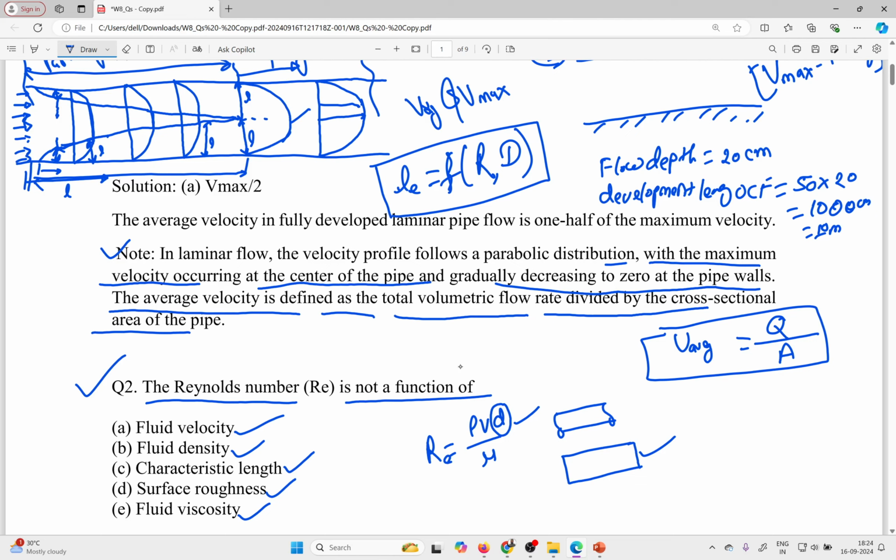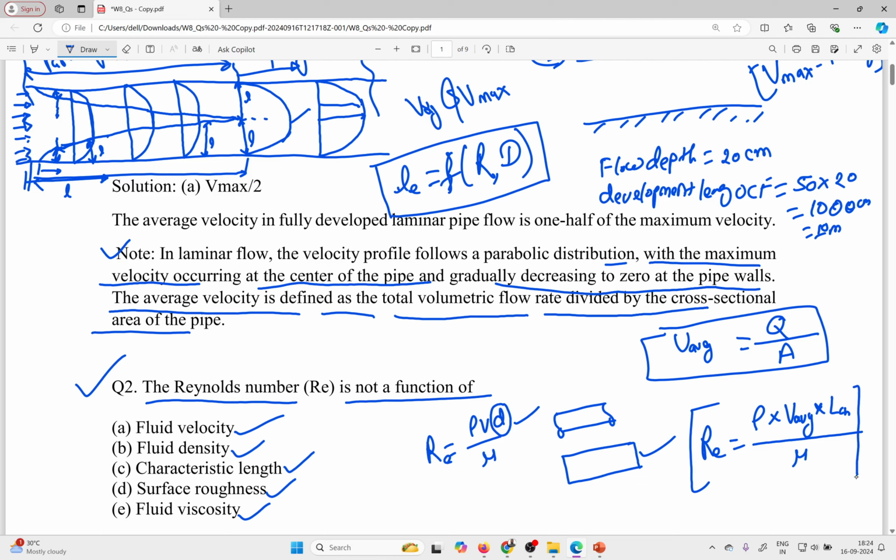So your Reynolds number is rho, the density of fluid, into velocity, or you can say the average velocity, into characteristic length. I can write it as L_CH, so it is very clear that it means the characteristic length. Now mu is the dynamic viscosity of fluid.